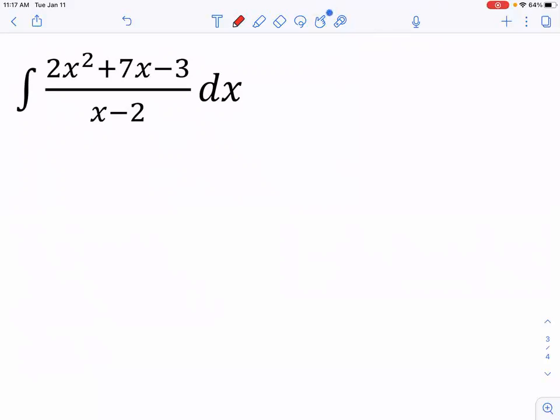I would think that x minus 2 is not going to be a factor of our numerator because our last term is -3. But what kind of fraction are we dealing with? The one where the numerator is bigger than the denominator, which means what is possible? We can divide.